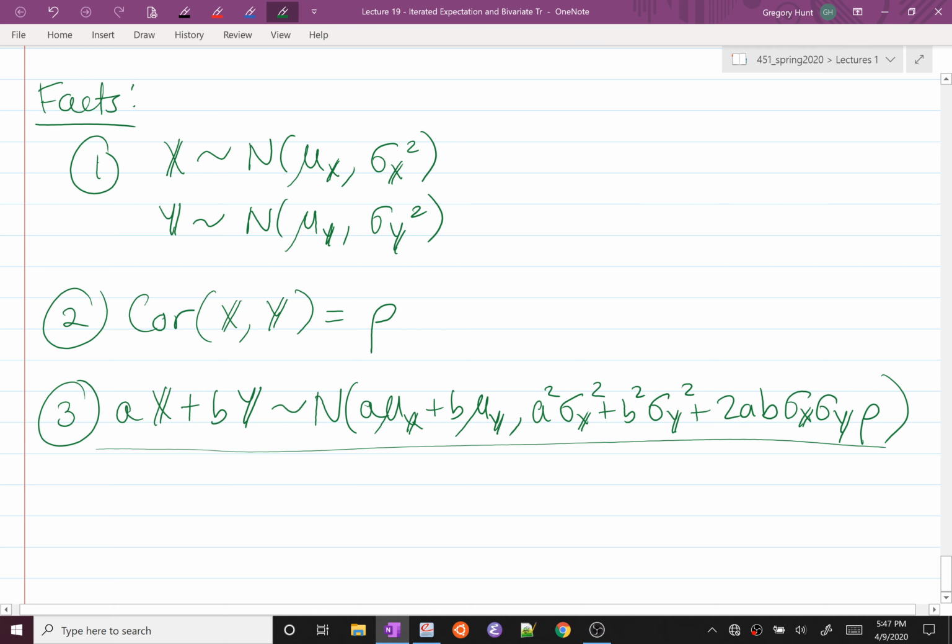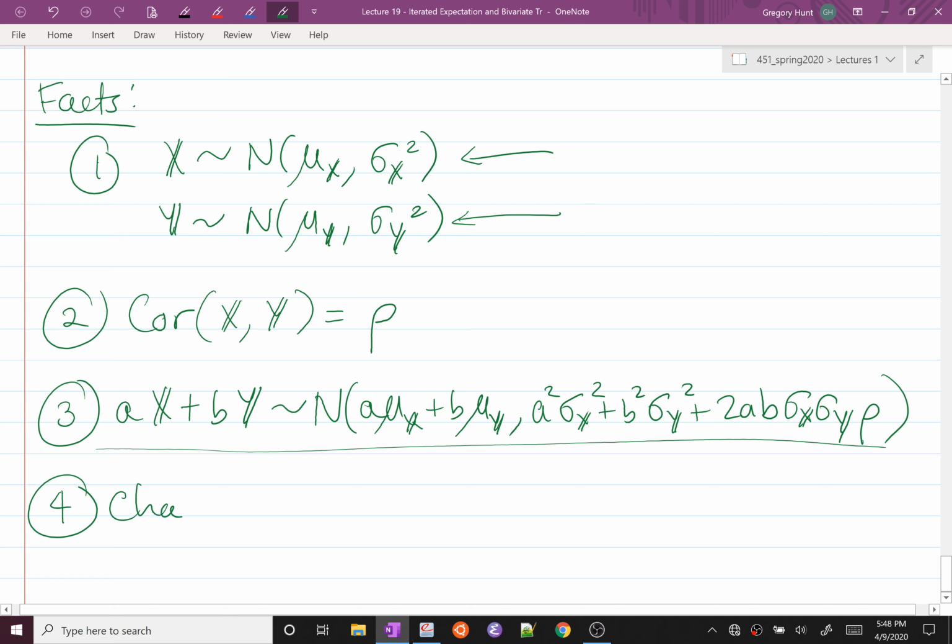So if I said a is 1, b is 0, I would get just x, and it would reduce to this first case. And alternatively, if I say b is 1 and a is 0, I would get the marginal of y. Okay. This is actually a characterization of the bivariate normal.